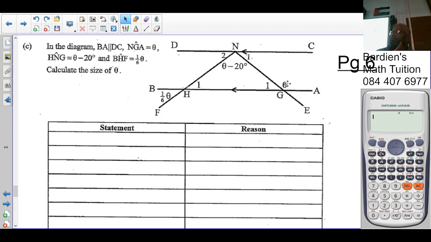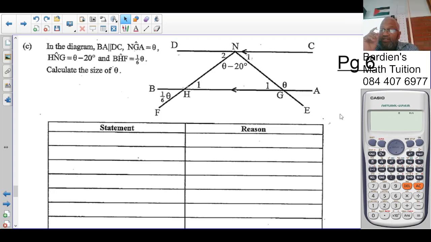No, not that circle thingy. It's theta. So H in G is theta minus 20. Then we are told that BHF is 1/6 theta. The question says calculate the size of theta.